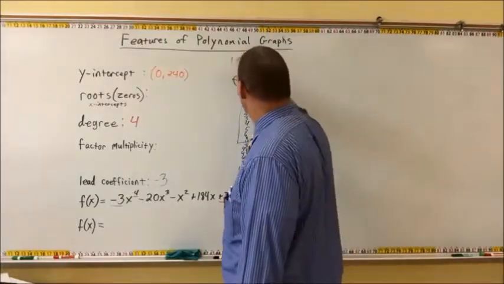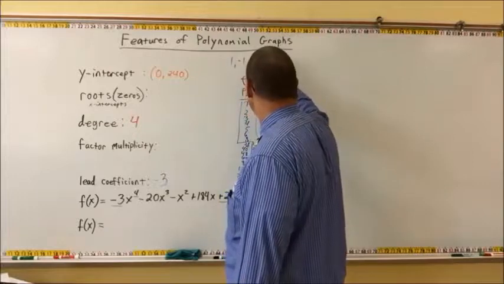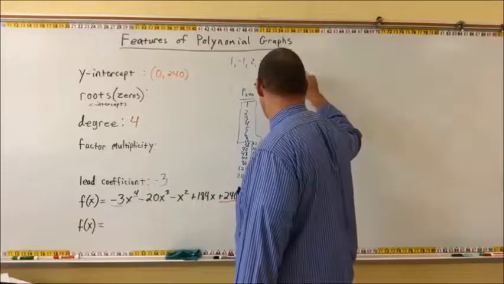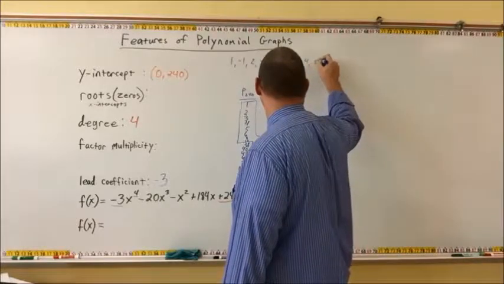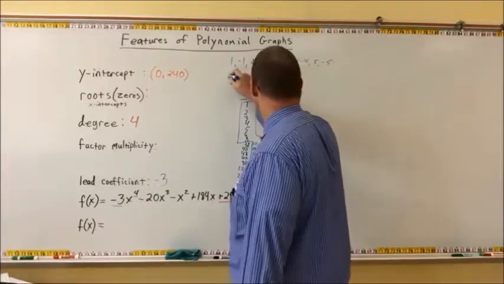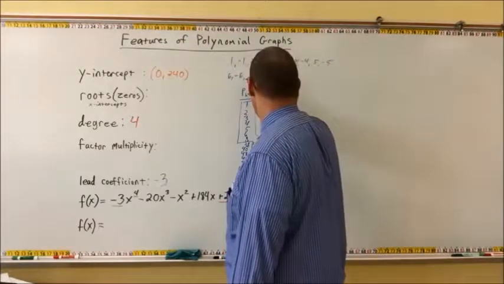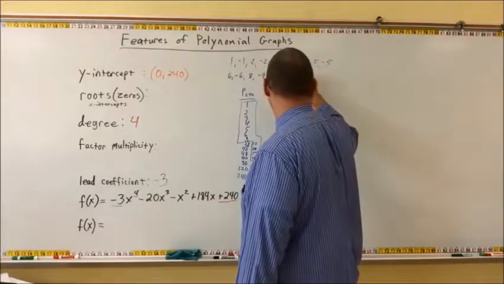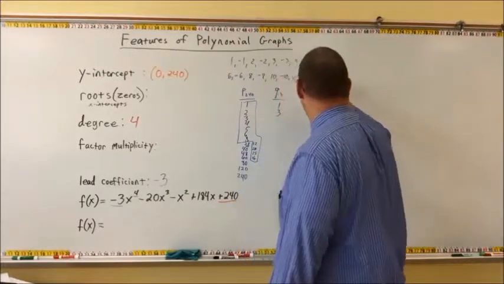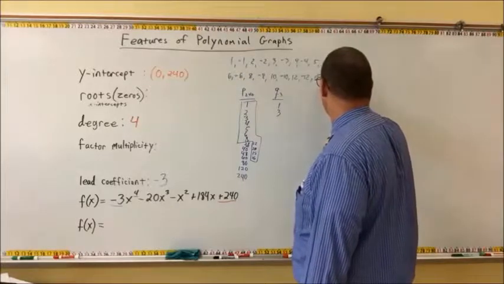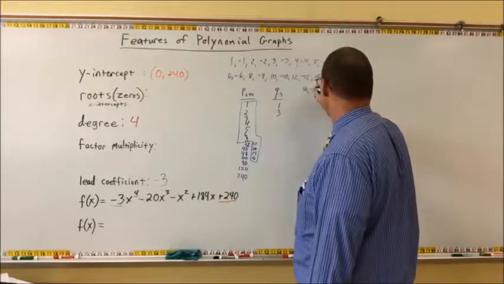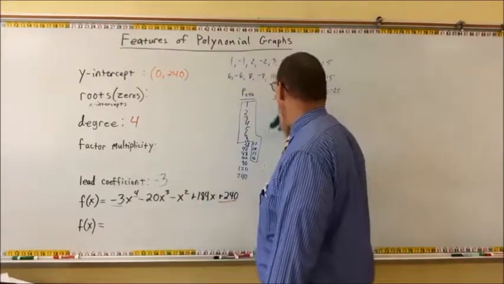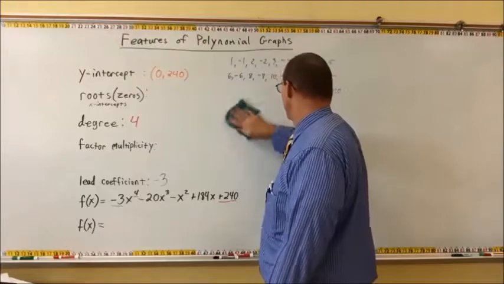So I'm going to test 1, -1, 2, -2, 3, -3, 4, -4, 5, -5, 6, -6, 8, -8, 10, -10, 12, -12, 15, -15, 16, -16, and 20, -20. We'll test those, and then we'll come back to all the rest of them if we need to.